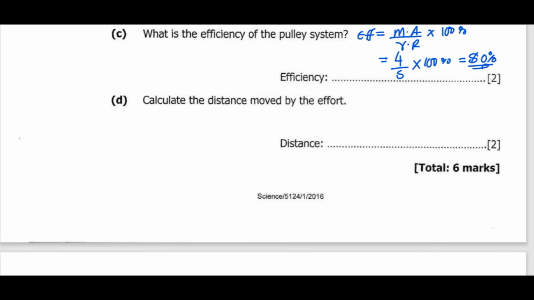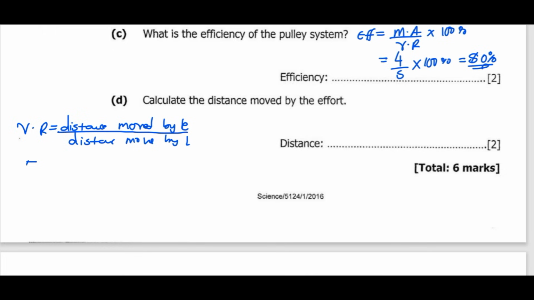So how can we find the distance moved by the effort? We'll say velocity ratio is equal to distance moved by effort over distance moved by load.